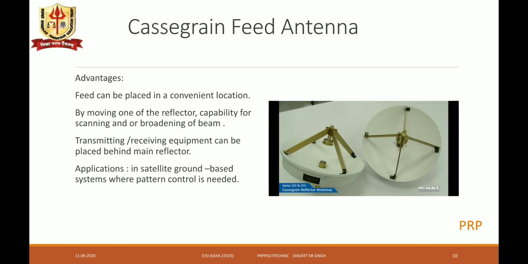Thirdly, the transmitting or receiving equipment can be placed behind the main reflector, the parabolic dish. It can be used in satellite ground based systems where pattern control is needed, where scanning and movement are controlled.